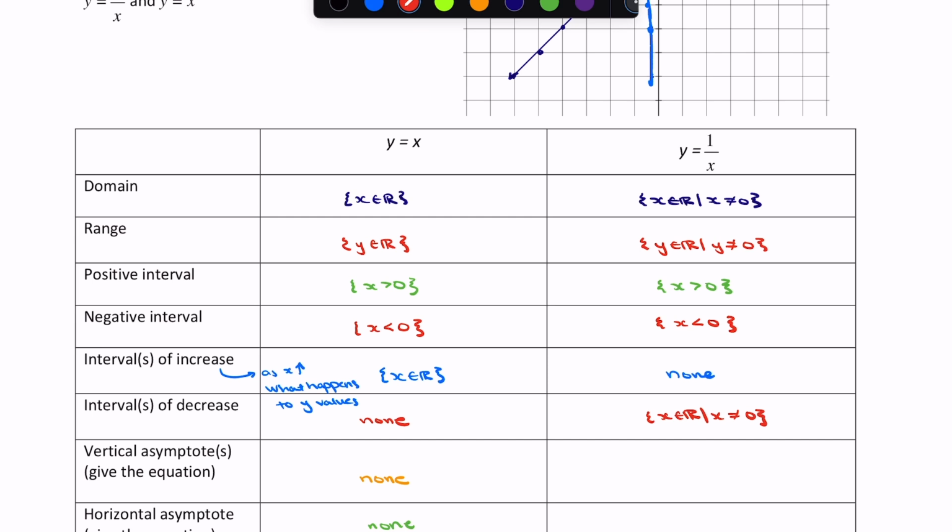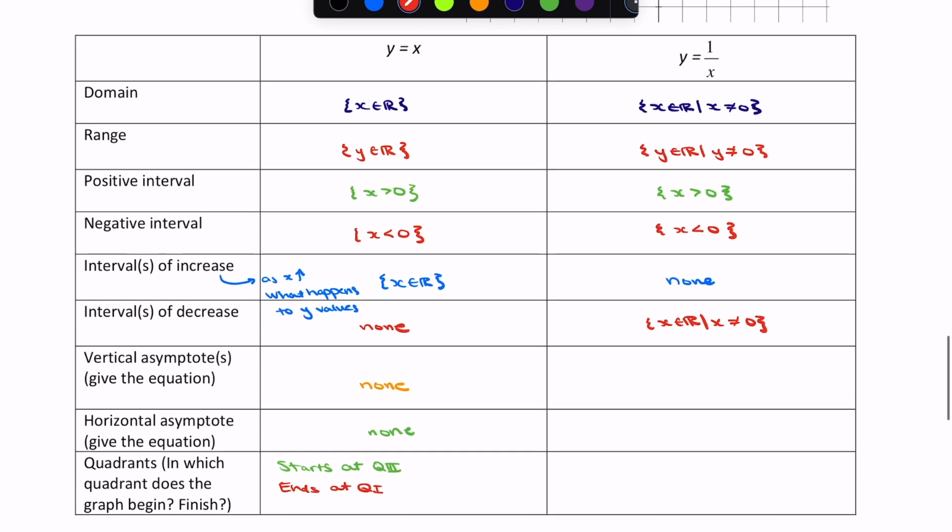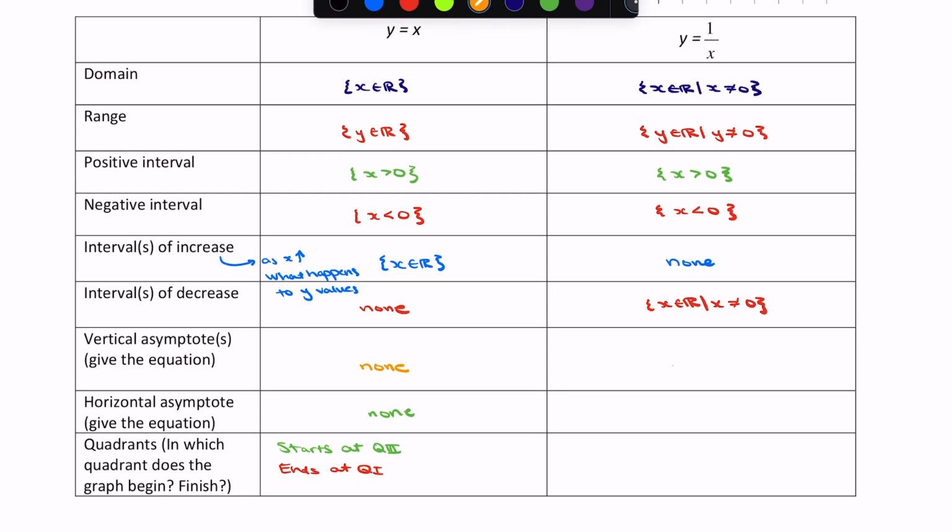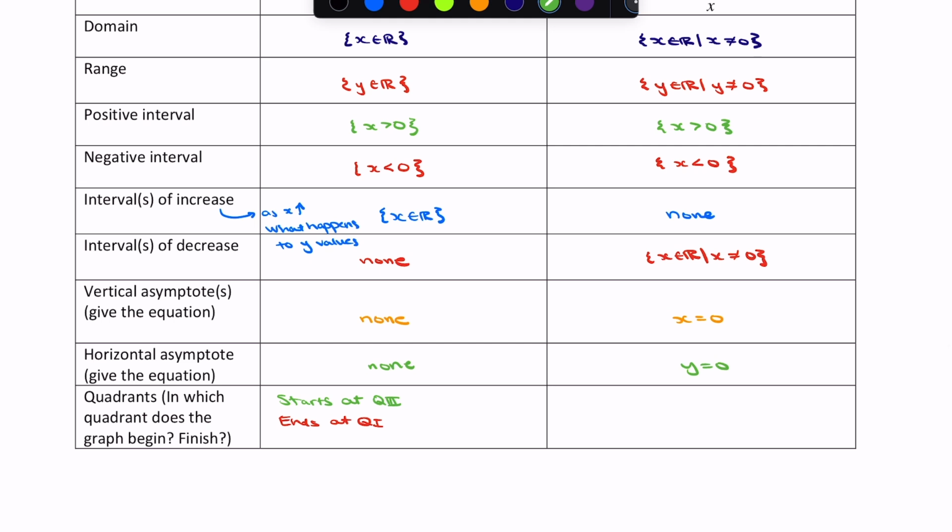So we notice that the intervals of increase and decrease actually flip here, but including the asymptote as well. Again, we have our vertical asymptote at x is equal to 0, and we have our horizontal asymptote at y is equal to 0. And here we see that for the quadrants, it begins at the same quadrant and ends in the same quadrant.